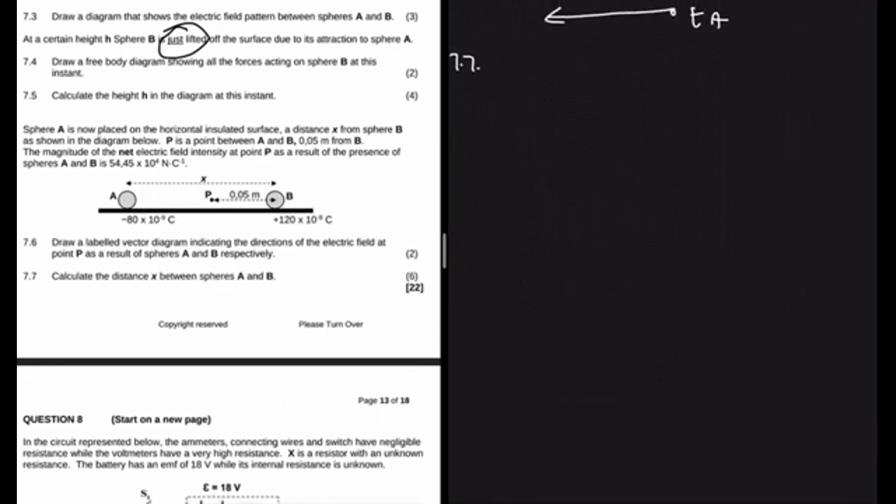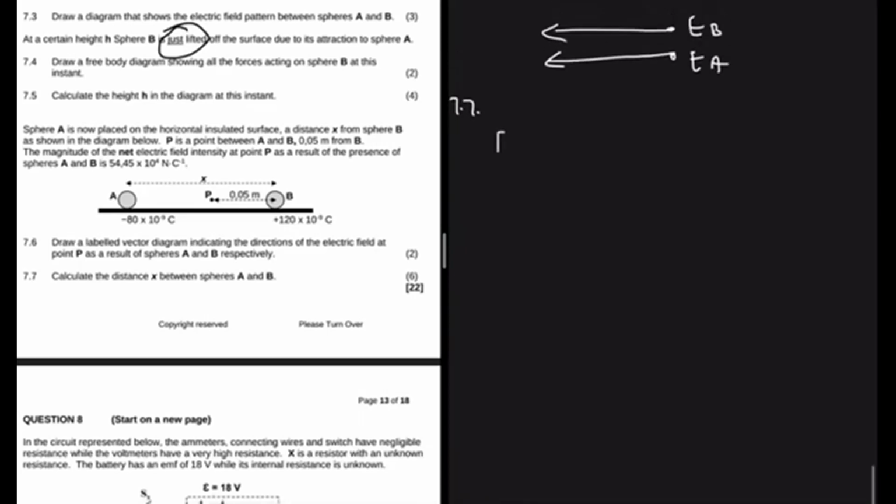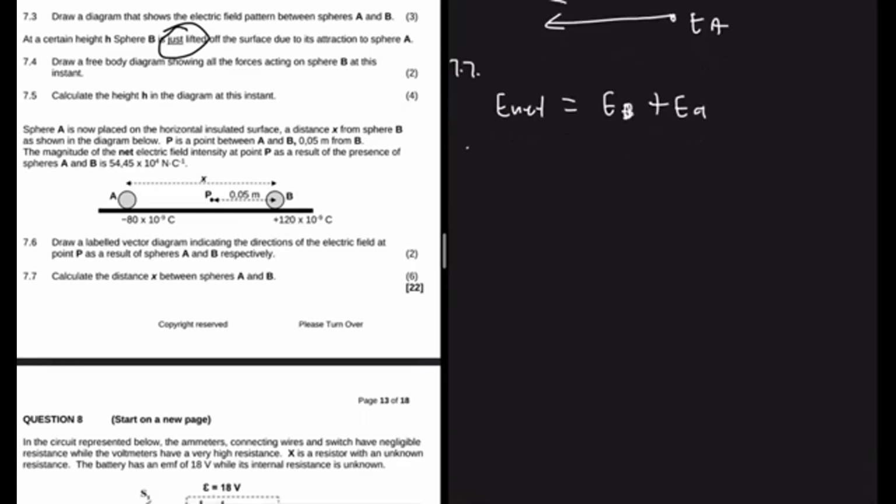7.7 says calculate the distance x between spheres A and B. So we are given the net electric field and the magnitude of the charges, right? And the distance between the point charge and one charge. So it should be obvious that we're going to use E net equals EB plus EA, right? So E net is 54.45 times 10 to the power of 4.